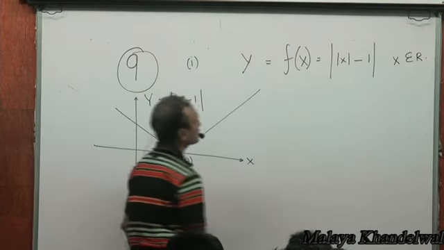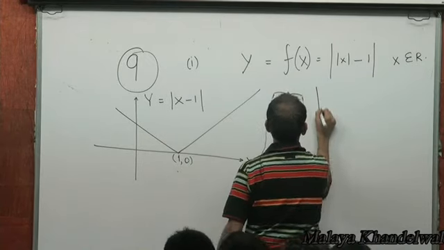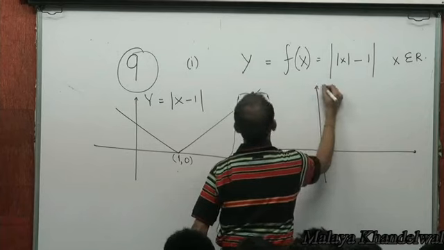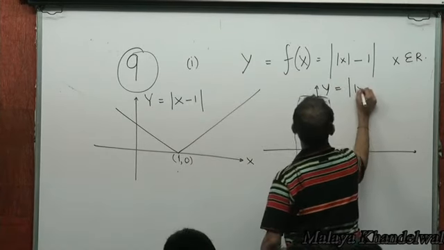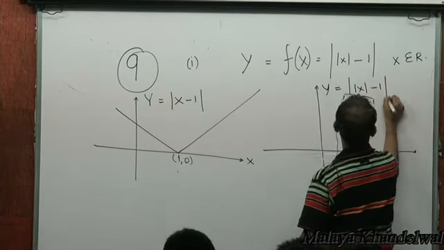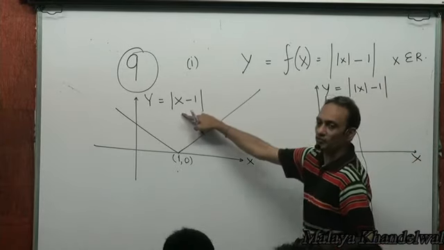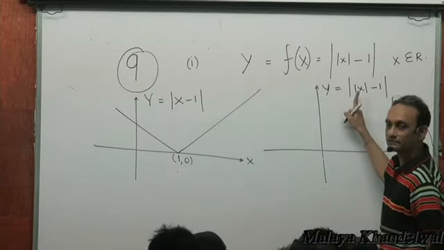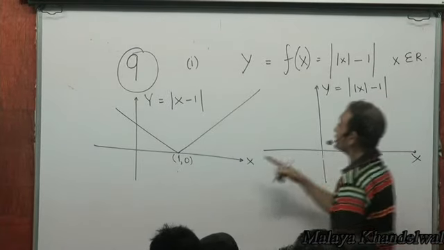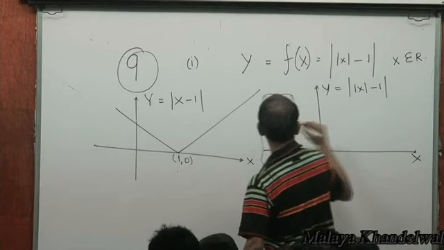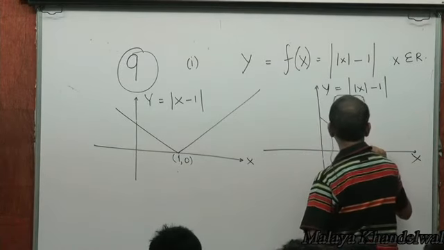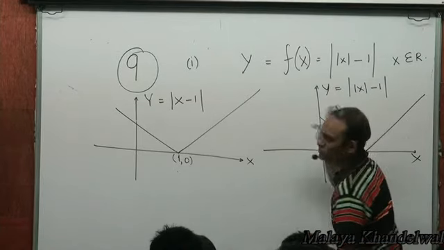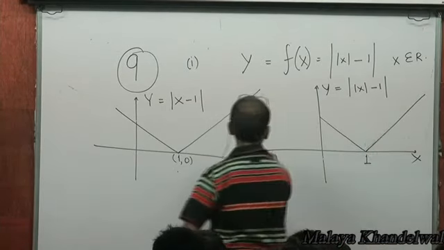From fx to f mod x, this is the graph of y equal to fx. I want to draw f mod x. That means replacing x by mod x here. What would you do? Retain the portion to the right of the y-axis and reflect this portion about the y-axis.